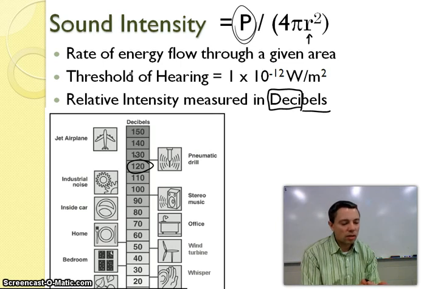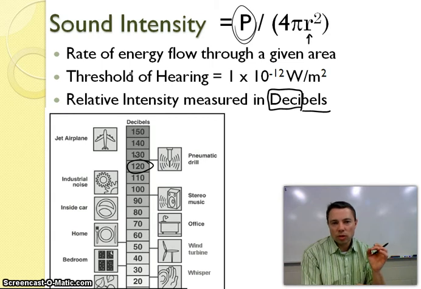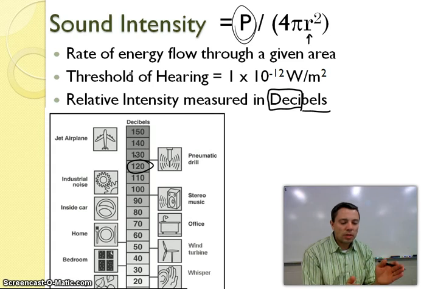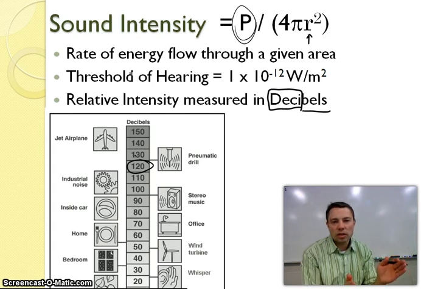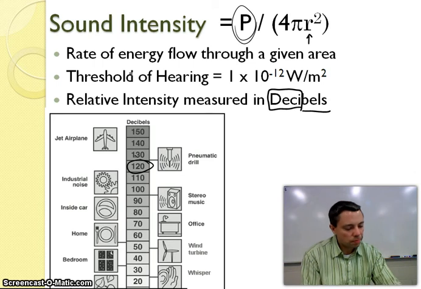You might experience a noise that gives you a high number of decibels, but if you're only experiencing it for a short amount of time, it's okay. Your ears are probably going to ring, but you're not going to 100% harm your hearing. As you go to more extended periods of time, that's what actually hurts your hearing or creates hearing loss. So again, it's a time versus intensity relationship.